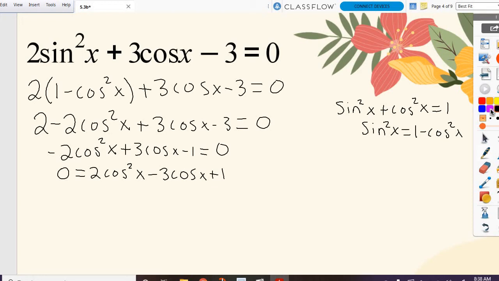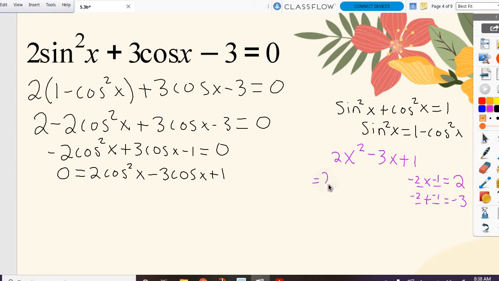So I'm still going to come over to the side, because it's a little bit easier again, I think, if I'm looking at 2x squared minus 3x plus 1. So again, I'm going to use my AC method. So I'm looking at what multiplies together to give me 2, that adds together to give me negative 3. Well, that's going to be negative 2 and negative 1.